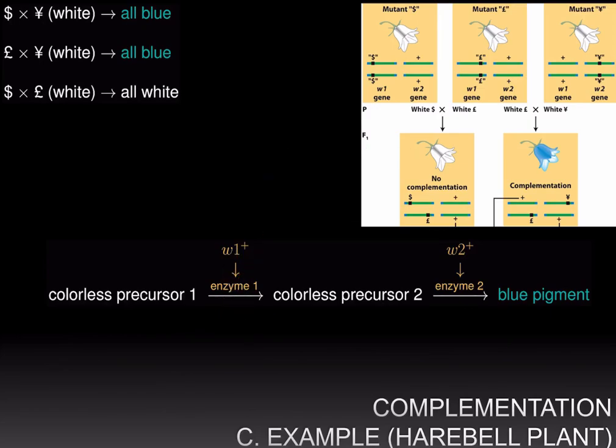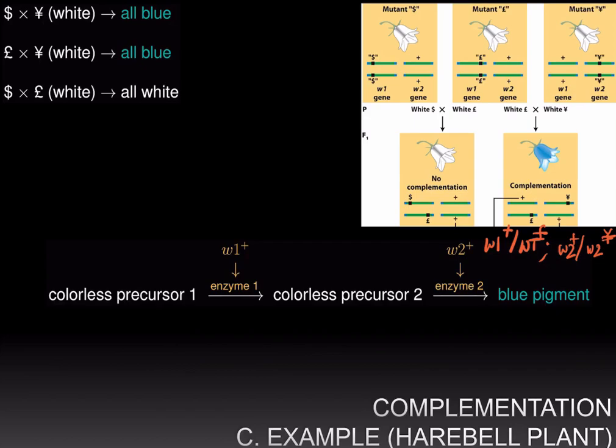Finally, when you cross the pound strain to the yen strain, then you are W1 plus over W1 pound and W2 plus over W2 yen.